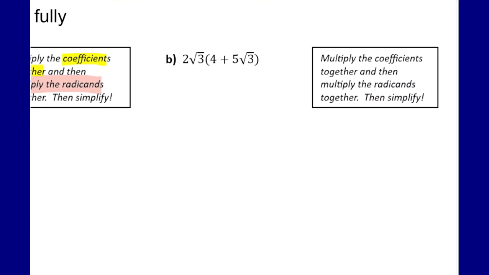B, same idea, multiplying the coefficients together and then multiplying the radicands. If there's only a coefficient, I'm only going to multiply those two together. Because there are two terms inside the bracket, this is the distributive property, so I multiply it to both terms on the inside. This becomes 2 times 4, so 8 root 3. The next one, 2 times 5, so plus 10.